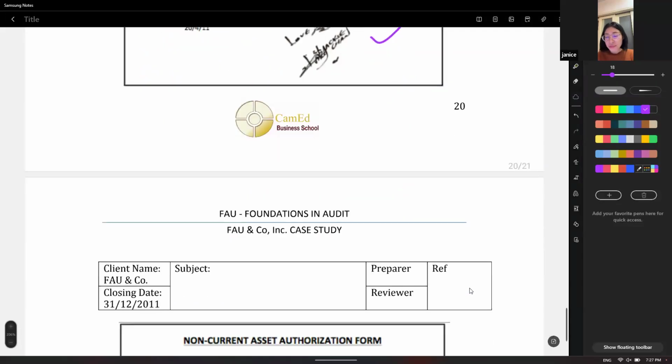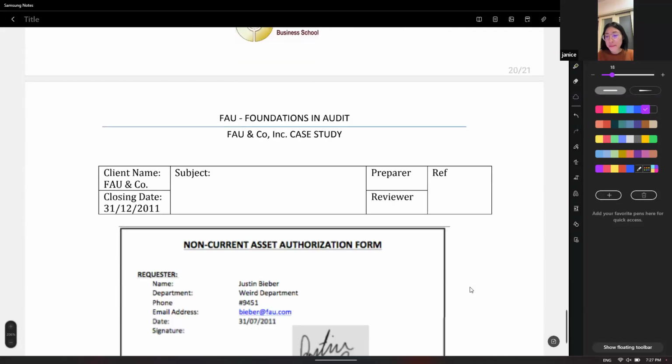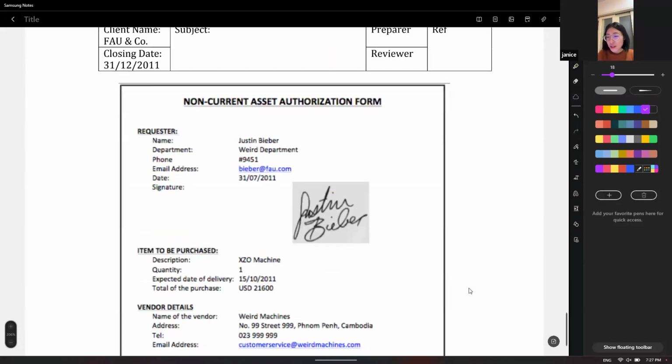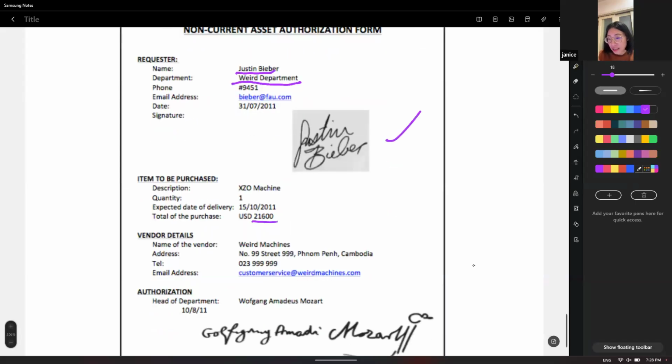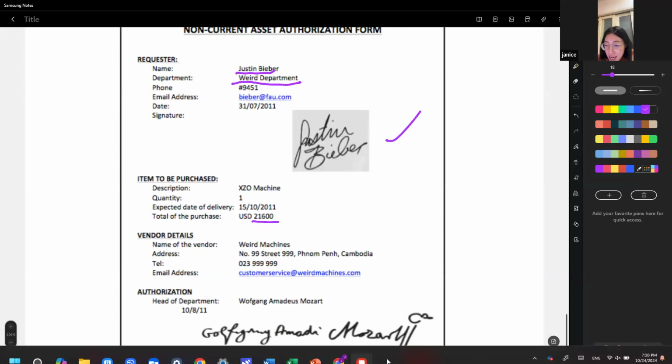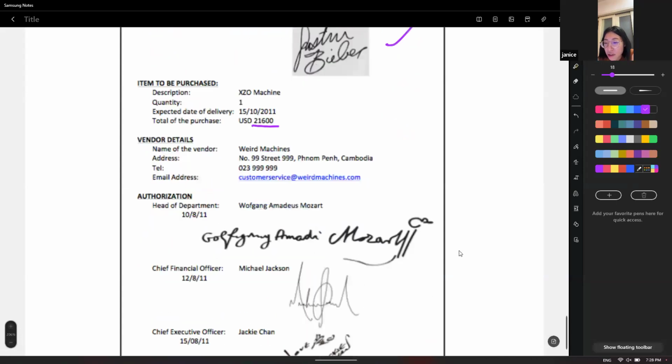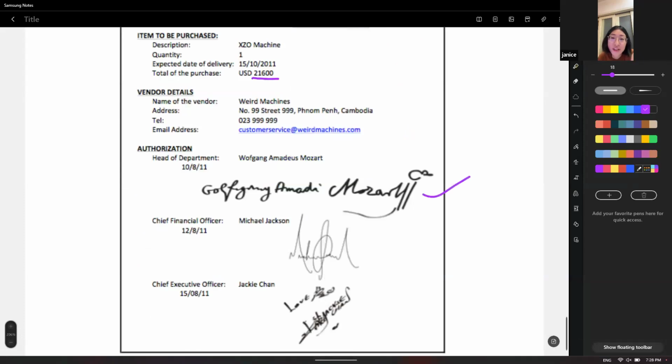Now, the last one is the Exio Weird Machine. So it's requested by Justin Bieber from the Weird department with his signature for 21,600, and it's authorized by Mozart, a very famous classical pianist, and CFO Michael Jackson and CEO Jackie Chan.